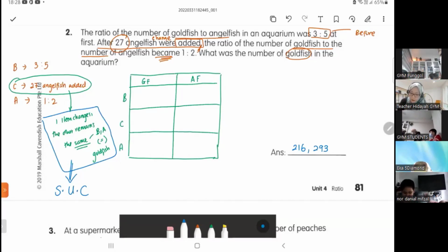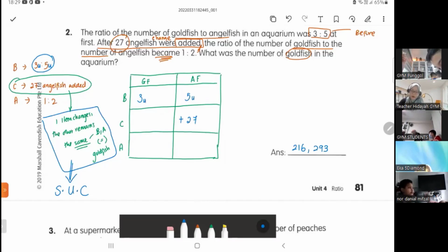So you have the information for the before, 3:5. So they say goldfish to angelfish is 3:5, 3 units, 5 units. Whatever is in the ratio in simplest form, it's unit already, right? That's why I put as 3 and 5. Then what happened? The change, 27 angelfish were added. Angelfish added means plus 27, like that.